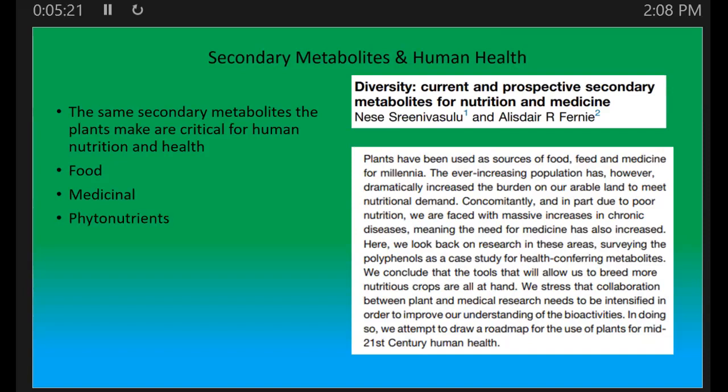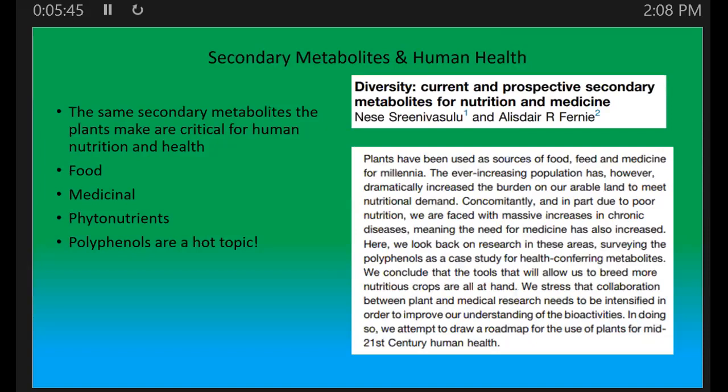You often hear the term phytonutrients. Again, just remember phyto stands for plant. And so you'll see that a lot in the literature. Right now in the literature, when you look at how many papers are being published on this one secondary metabolite or group of secondary metabolites, polyphenols, it is off the charts. There are many, many publications on polyphenols.